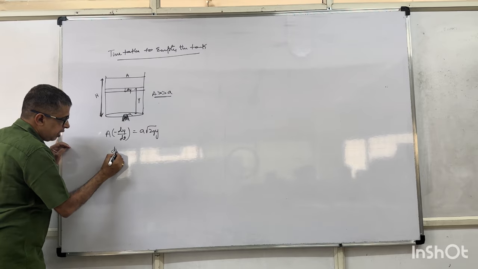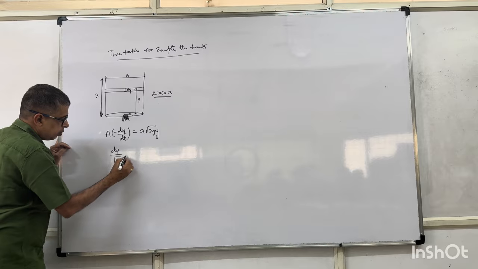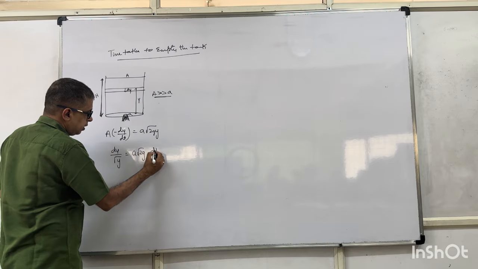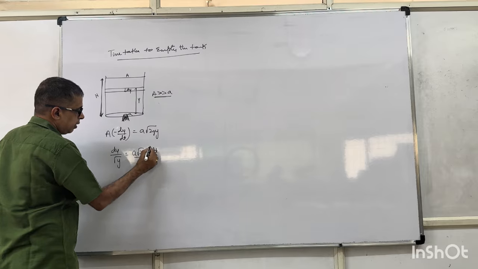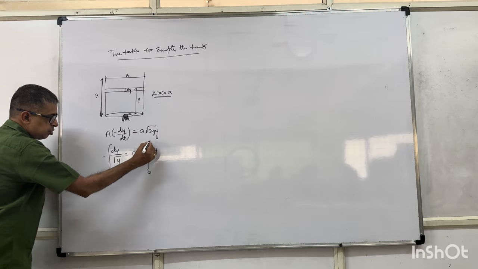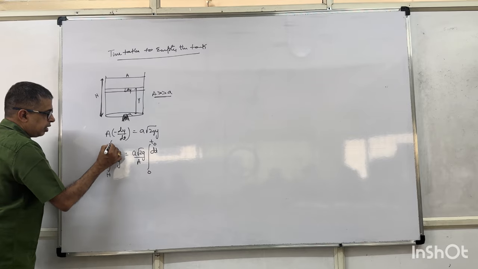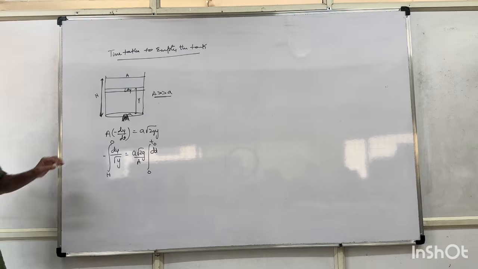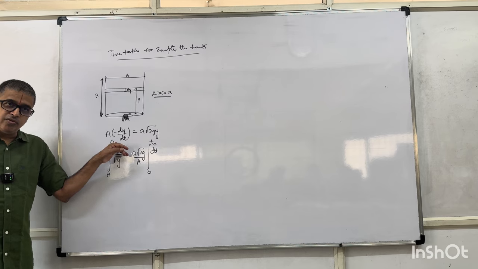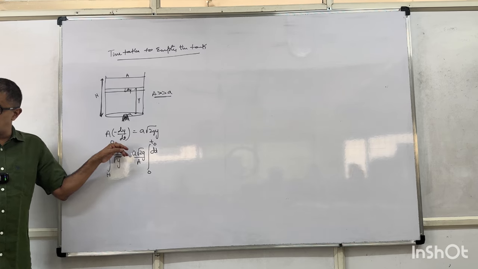So dy by root y is a under root 2g dt by capital A with a negative sign. Time t equal to 0, y is h. Time t equal to t naught, y will be 0. They can ask you time taken for it to come to half the height, 3/4 height, and so forth.